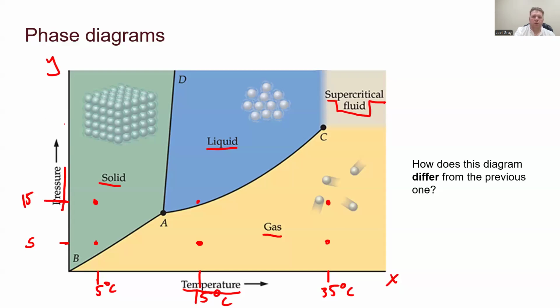If you go up to, let's say, 35, and I'm just kind of picking these numbers at random, 35 pressure and 5 degrees Celsius, a solid. At 15 degrees Celsius, it's a solid. At 35 degrees Celsius, ooh, that's right there.